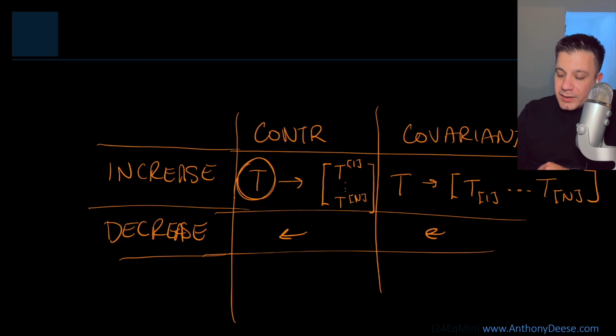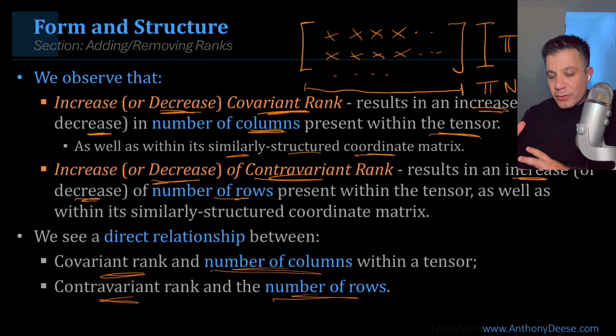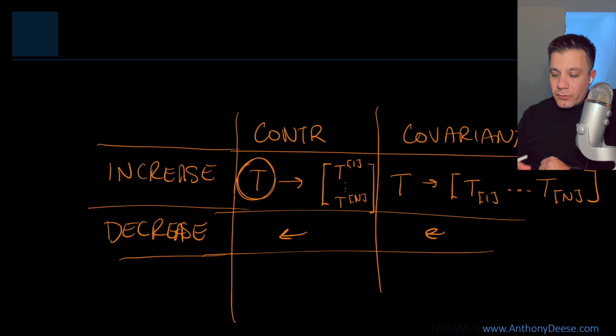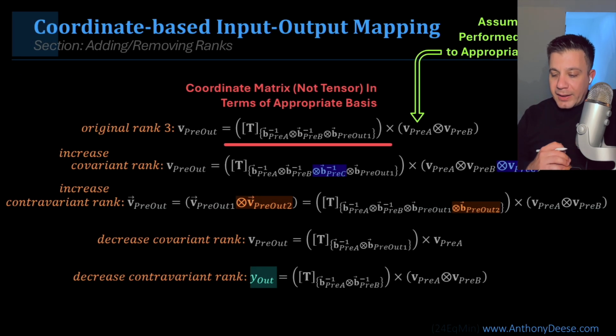So decreasing the contravariant rank collapses the column-oriented subelements into a single subelement, and decreasing the covariant rank collapses the row-oriented subelements into a single element. So hopefully the combination of these various descriptions gives you a better understanding of how the form and structure of a tensor changes as its covariant and contravariant rank increases or decreases.